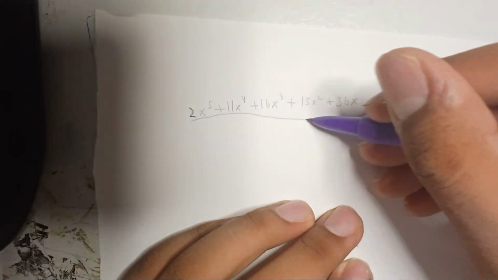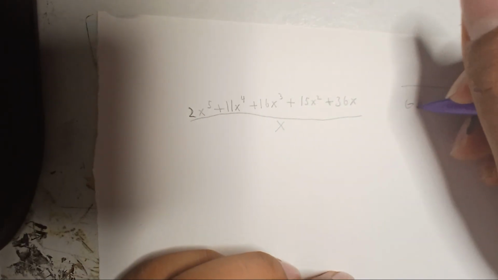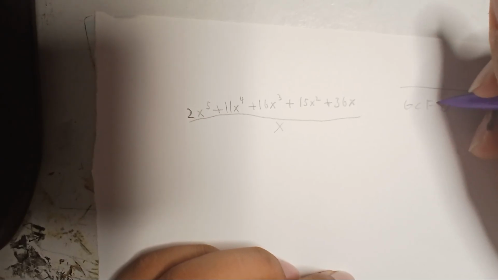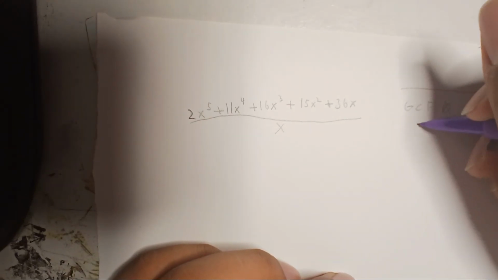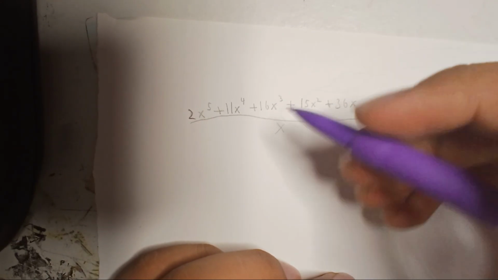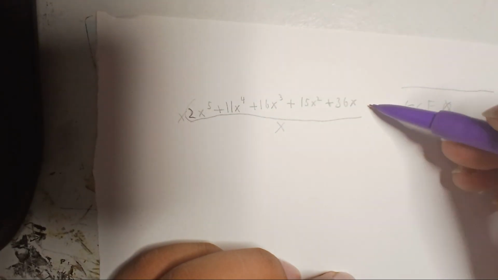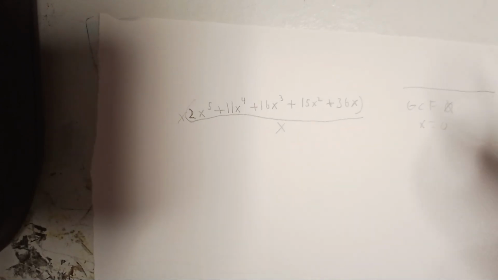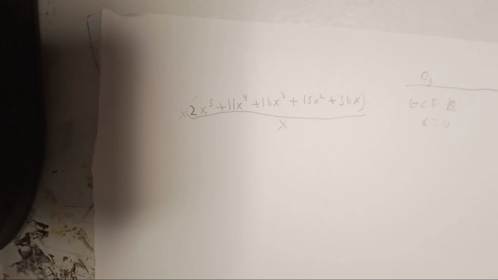Divide everything by x, which just means that the GCF is x, meaning that one of the solutions is 0, because it would look like that otherwise. And then x equals 0. That's one of our solutions. Yep, have that as a solution now.